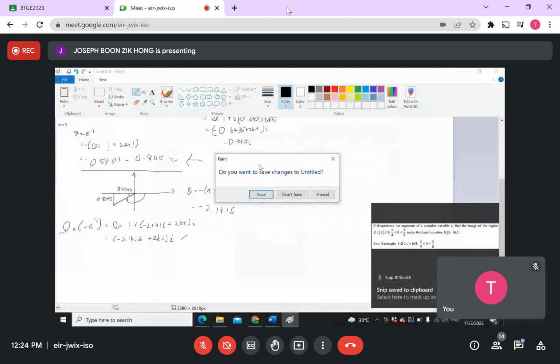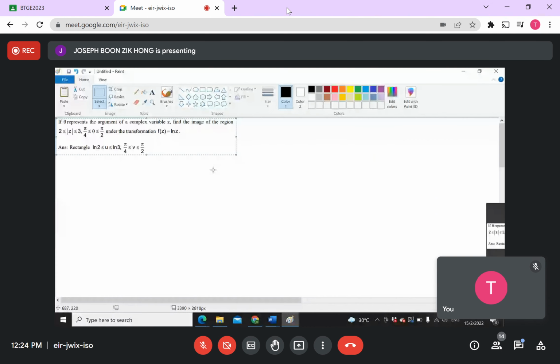Because we know the formula, what is it again? The formula is f(z), according to here it is ln z. What is your ln z? Your ln z will be ln of z plus i times the argument theta.